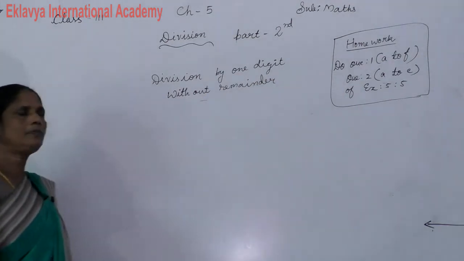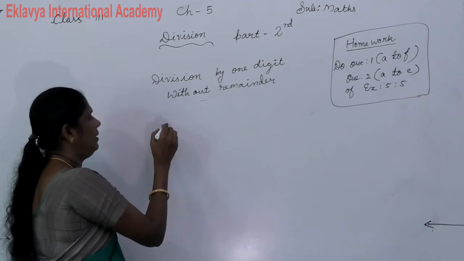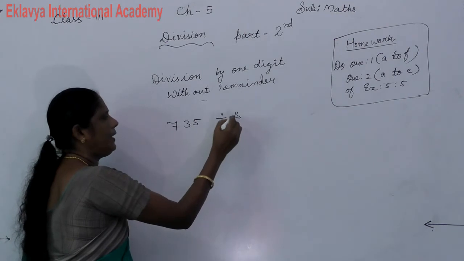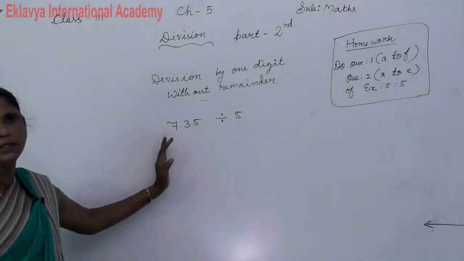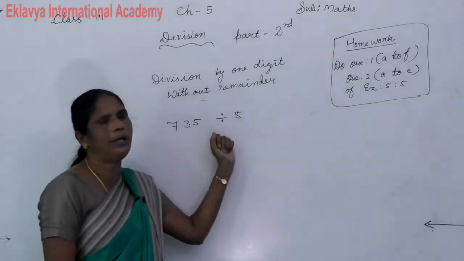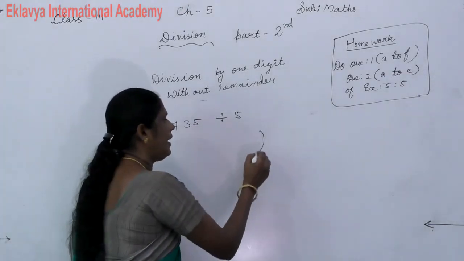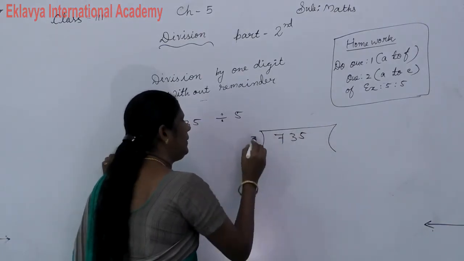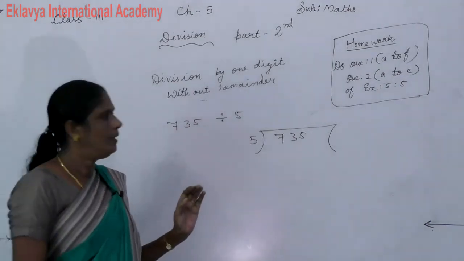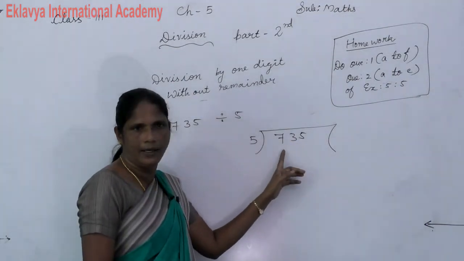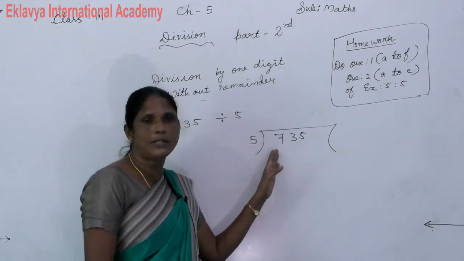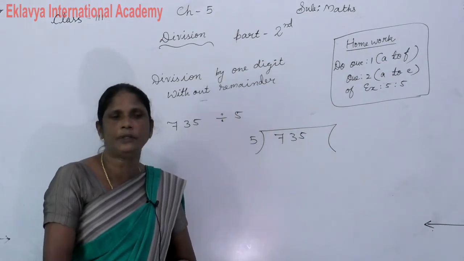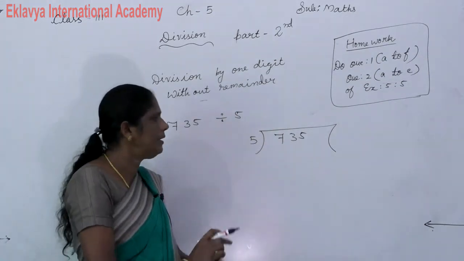For example, 735 divided by 5. First we divide this number. Look here: ones, tens, 100. The highest place is 100. We start with the 100 place. Which place we start with? 100 place. That is 7.